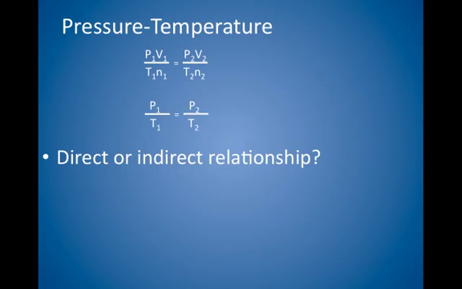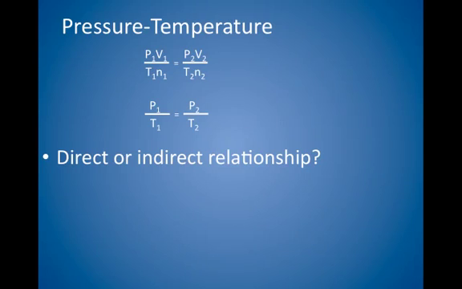Is this a direct or an indirect relationship? To answer that question, what you've got to look at is how the two variables change. Does a change in one correspond to the same change in another? Meaning, if I increase the pressure, do I increase the temperature? Thinking back to the volume temperature law, an increase in temperature pushed that piston up, which is going to increase the volume.